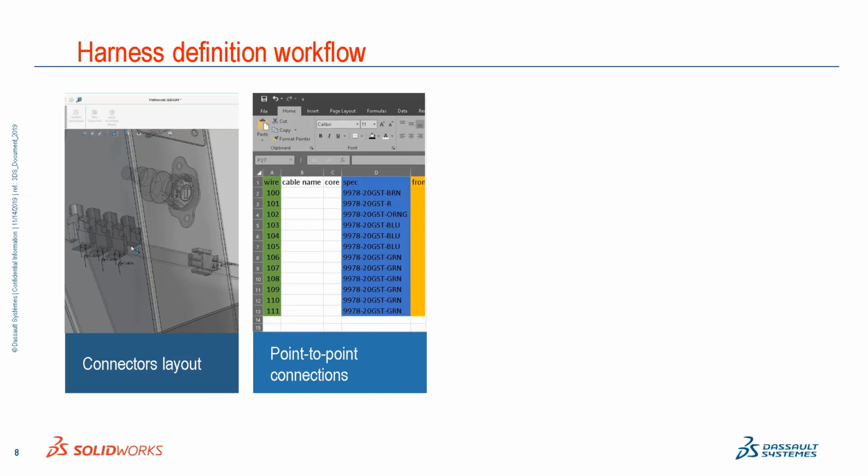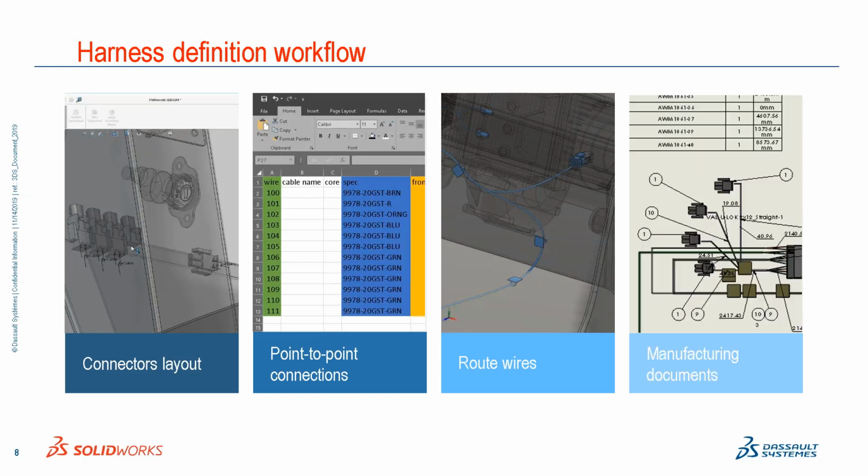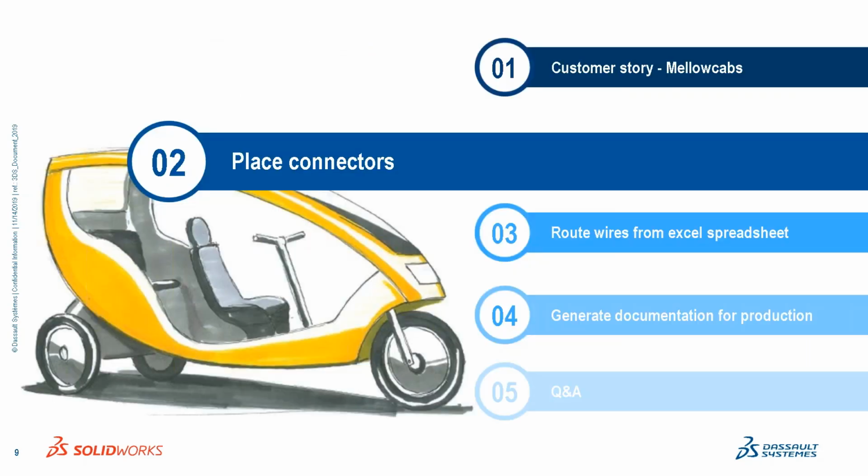You just need to put all the information in columns and you're ready to go, and SOLIDWORKS will be able to read that information. Once SOLIDWORKS reads that, routes all the wires inside the vehicle, and then we get the documentation from this routing. So let's start with placing the connectors.